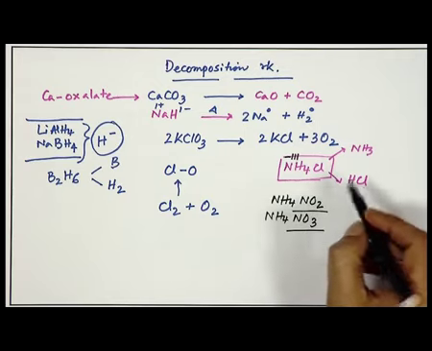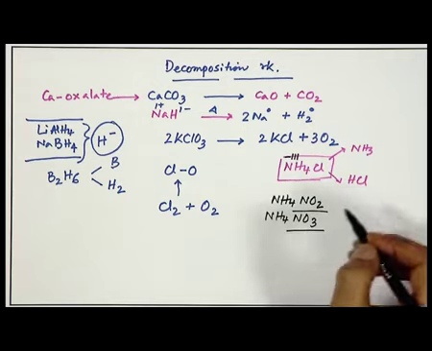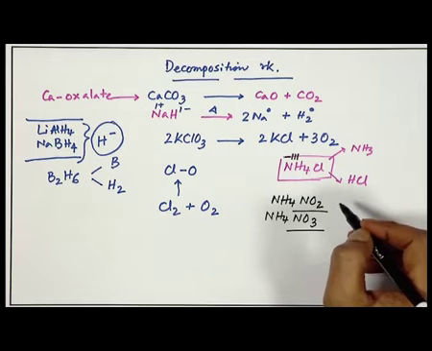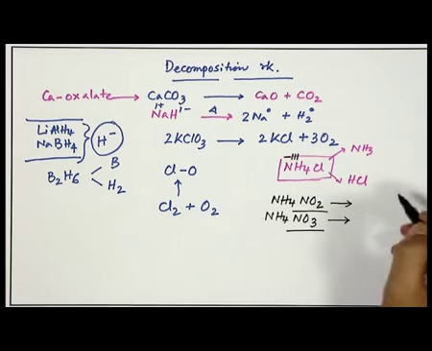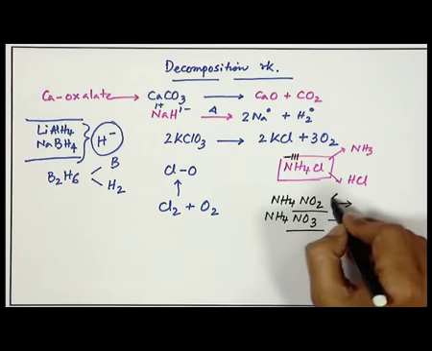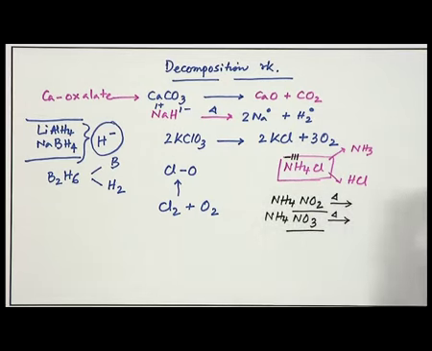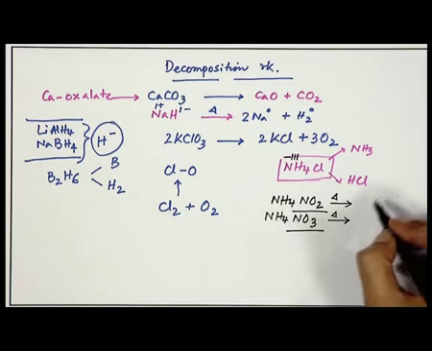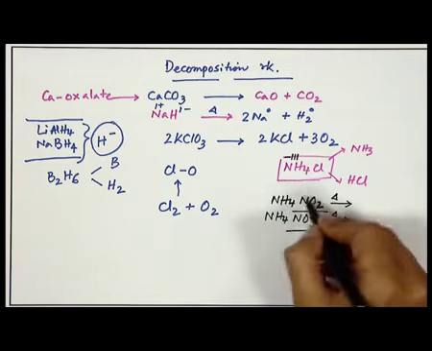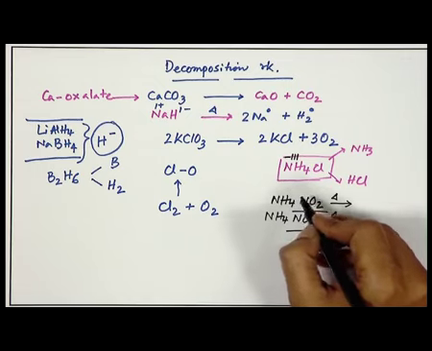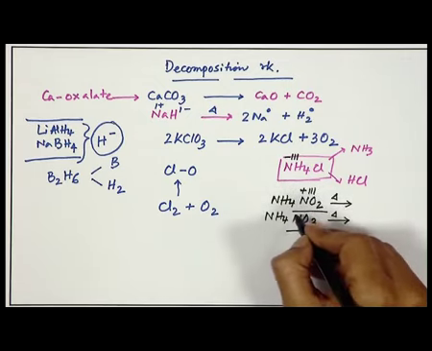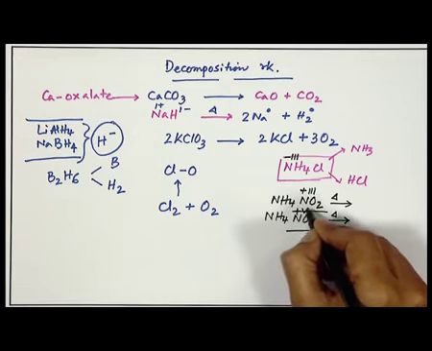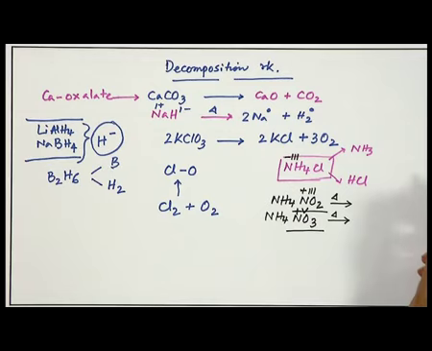So, there is no need to supply an oxidizing agent from outside. So, the thermal stability of these compounds is also very low. If we allow them to heat, they will produce nitrogen. So, the nitrogen of the nitrite ion is in +3, and the nitrogen of the nitrate ion is in +5 oxidation state.